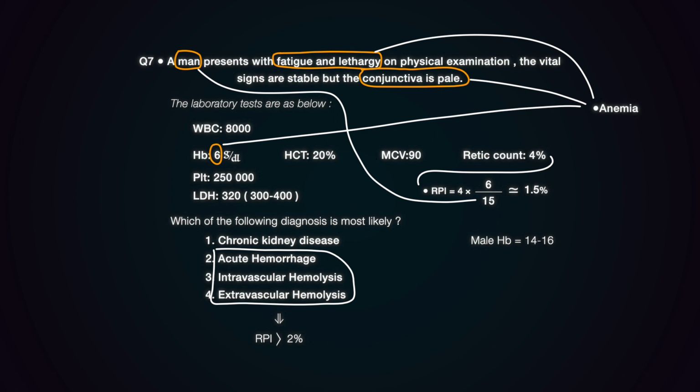That means, conversely, options 2, 3, and 4 could not be the answer. Actually, in this question, anemia of chronic disease such as option 1, chronic kidney disease, could be probable. What we can conclude from this question is that anemia of chronic disease could be with low or normal MCV, but the reticulocyte count is lower than 2%.